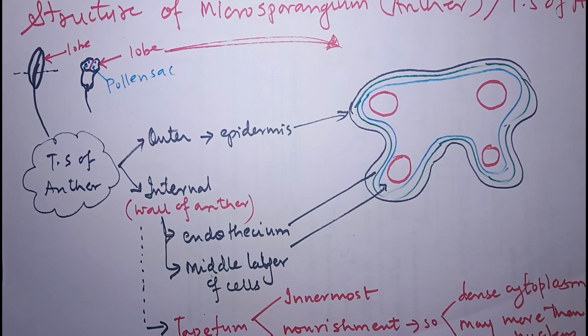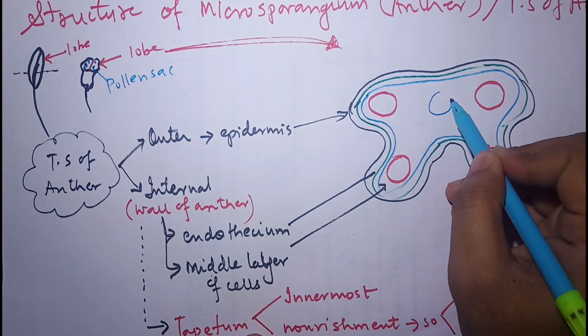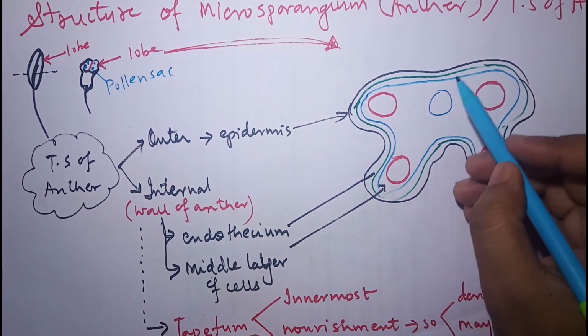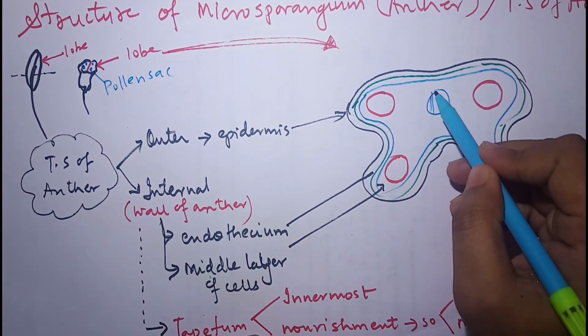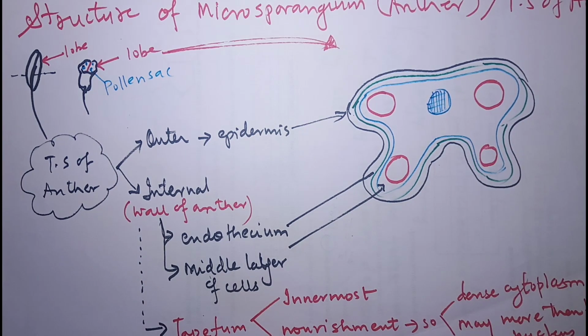So there are 4 pollen sacs in one anther. Between these two lobes you can find the presence of one connective tissue, which keeps both the lobes connected to each other.